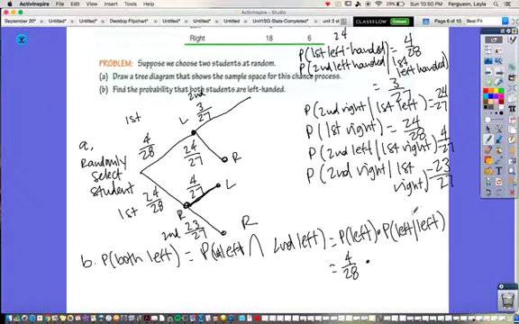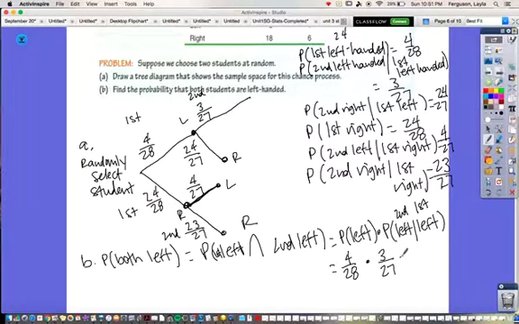Probability of the second being left given that the first was left, so this is second left given first was left. We said that that would be 3 out of 27. I have to multiply because it's an and.